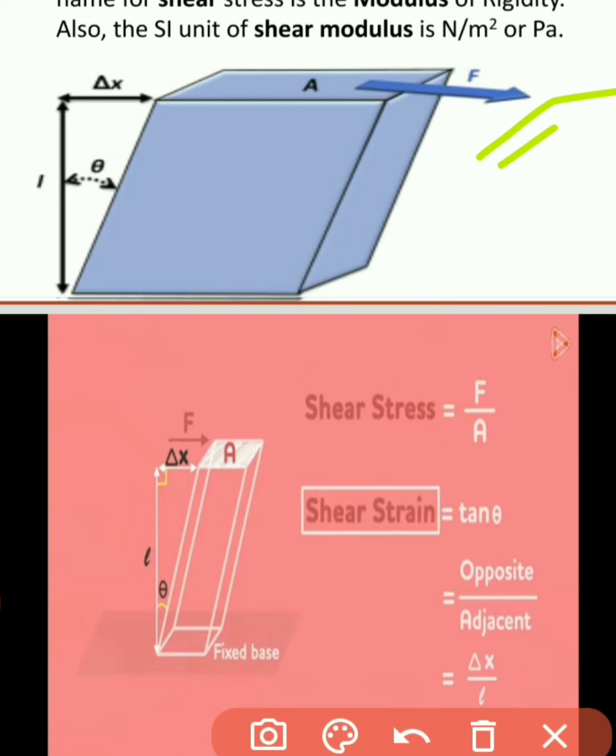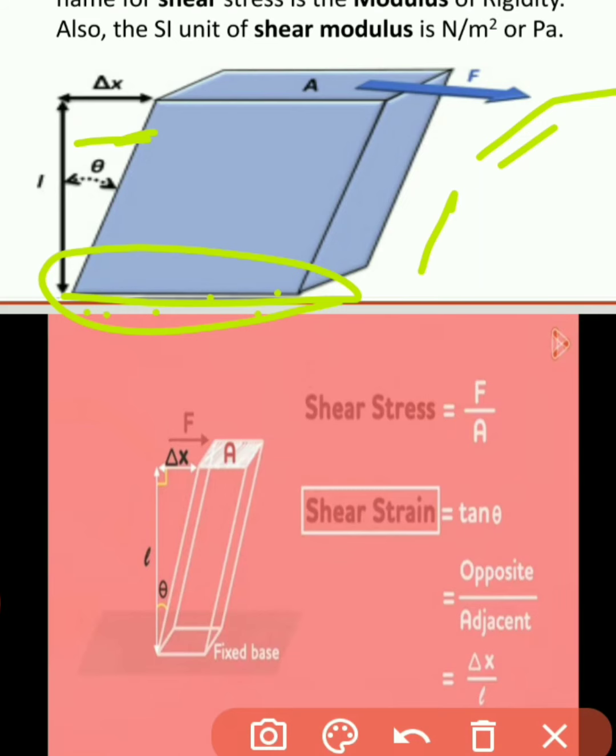When force is applied, there is a change of delta x. There is a change in position, at delta x and at an angle of theta. Consider that the base will remain in the same position, and only displacement at the top surface will take place.